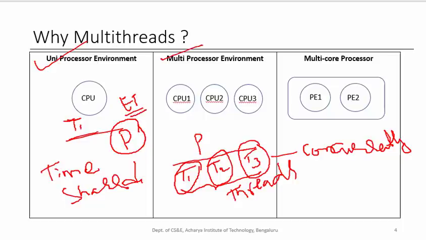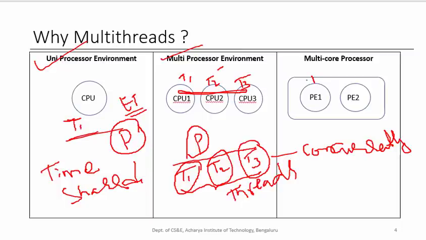When it comes to a multiprocessor environment, T1, T2 and T3 can be run at the same time, or simultaneously. So on this kind of platform, the execution time of process P drastically comes down.